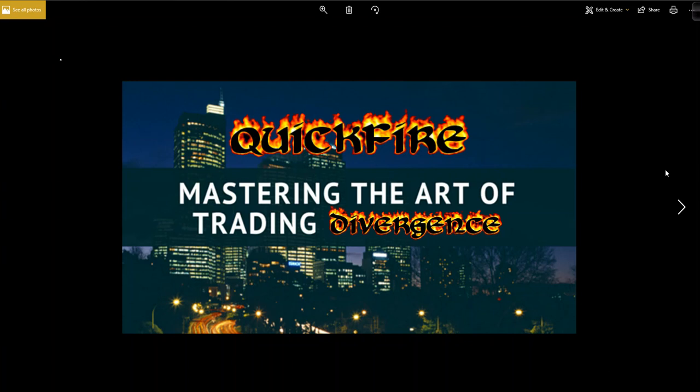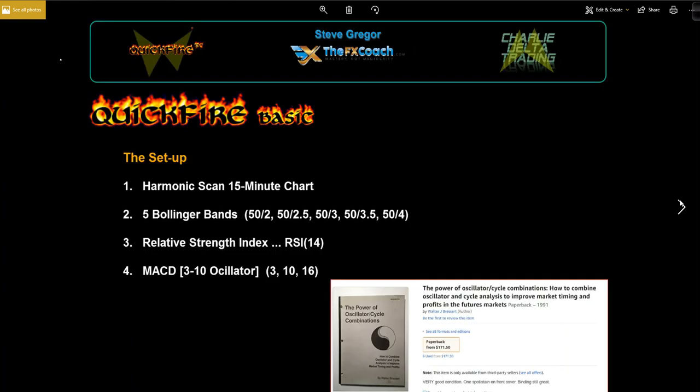And then we have our general IML audience. There are a few places where there may be some overlaps between those groups, but this very first part really is for everybody. So with that being said, let's talk about divergence in terms of quickfire, in terms of the scans and the way to measure it.